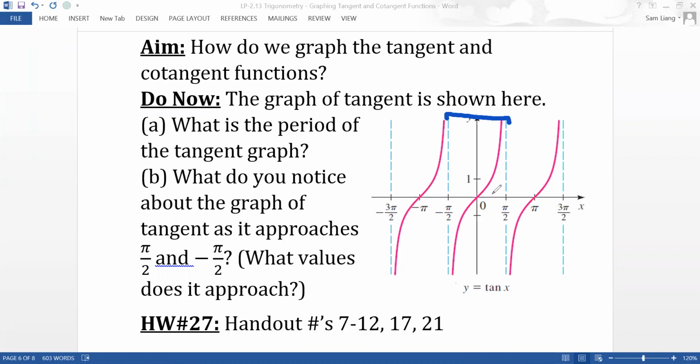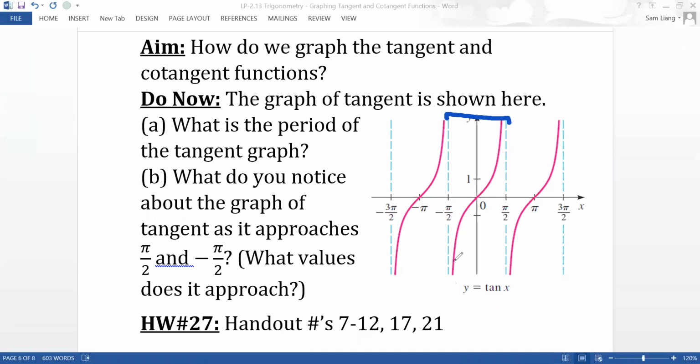Okay, that's fine. So when it goes to pi over 2 from the left, it goes to positive infinity. That's what it approaches. For negative pi over 2, if we focus on this middle branch, then as it approaches negative pi over 2, it'll go to negative infinity.